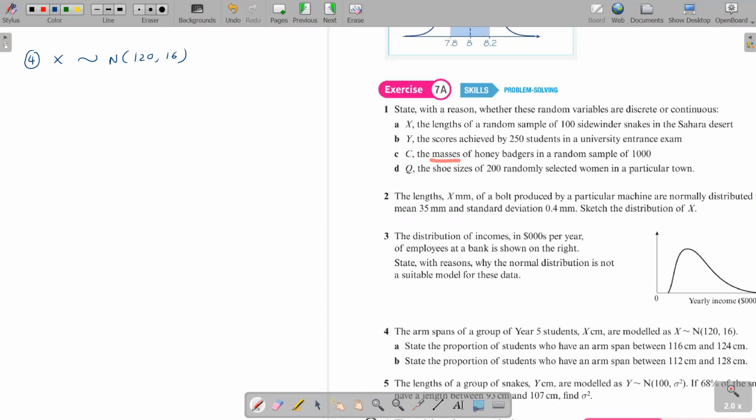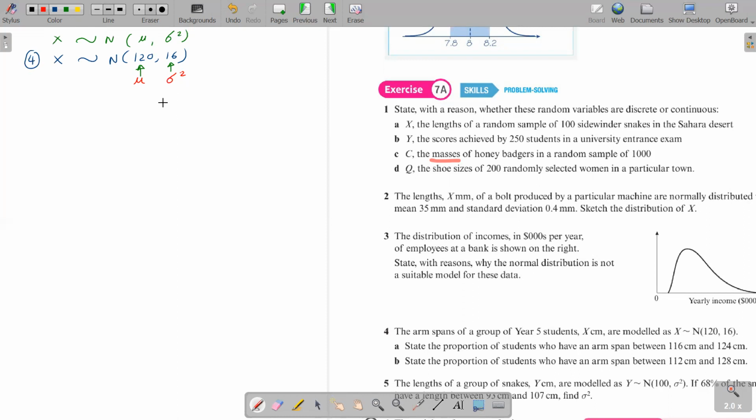So the moment you see this, you should know the 120 represents the mean and 16 represents the sigma square. So 120 represents mu and 16 represents the sigma square.